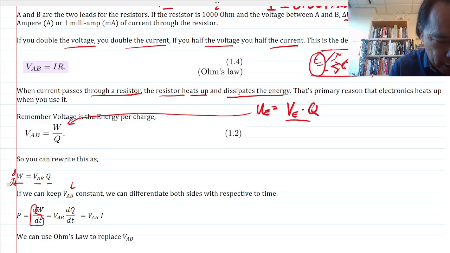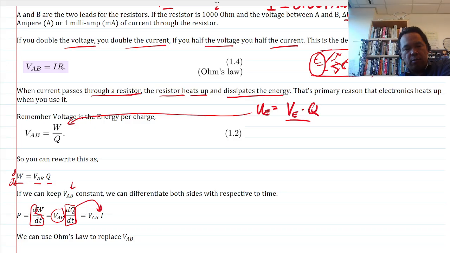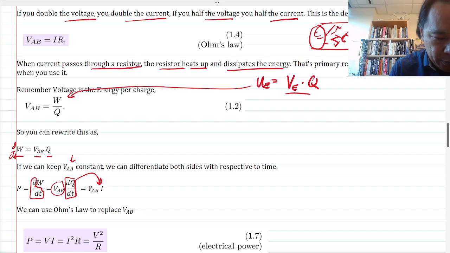If the potential across it is constant, it comes out in front of the derivative. The time derivative then just acts on the charge, dq dt. Remember the first thing we learned about current is that the change in charge over the change in time is current, basically how charge is moving across your resistor.